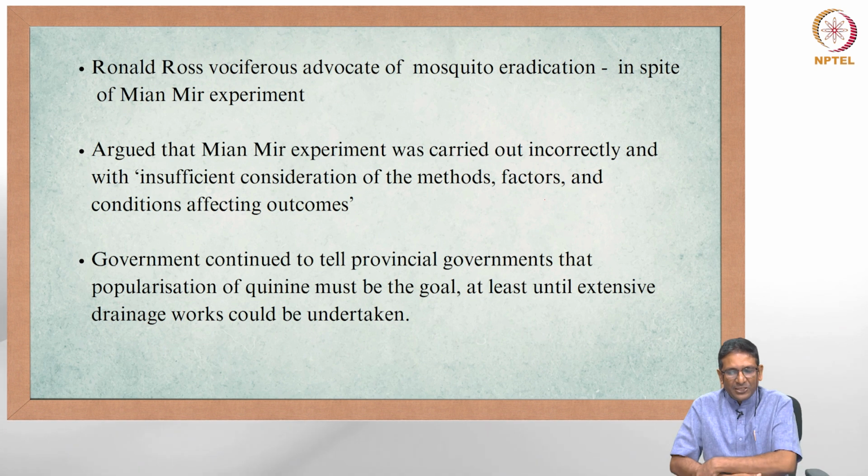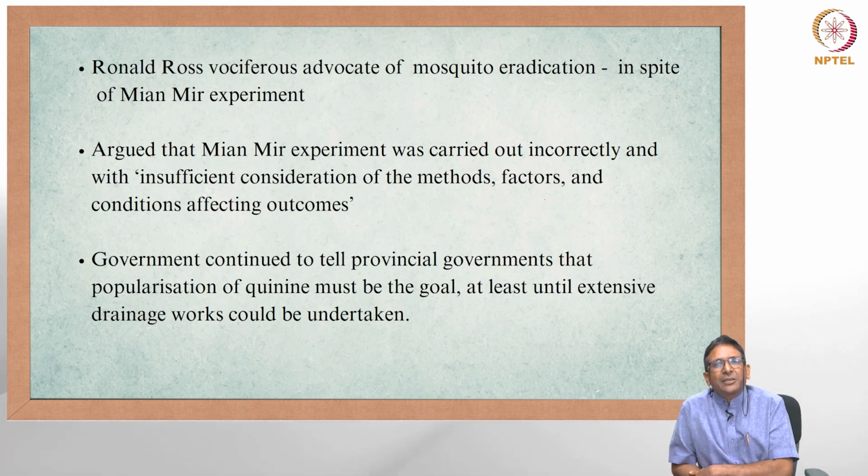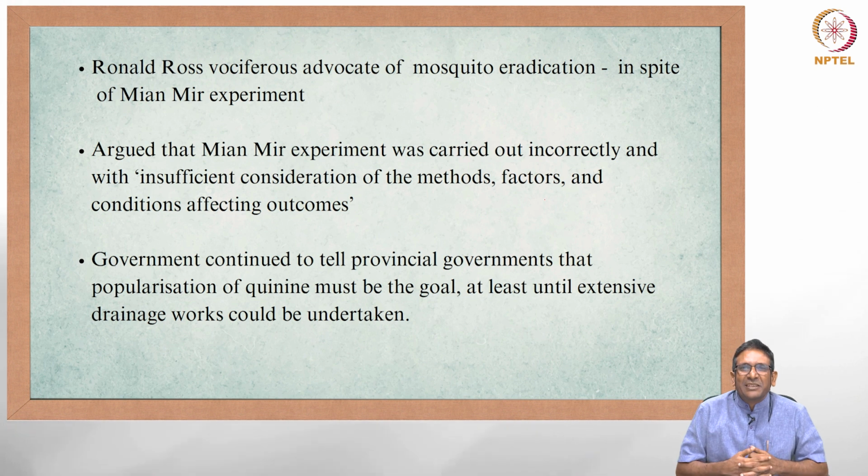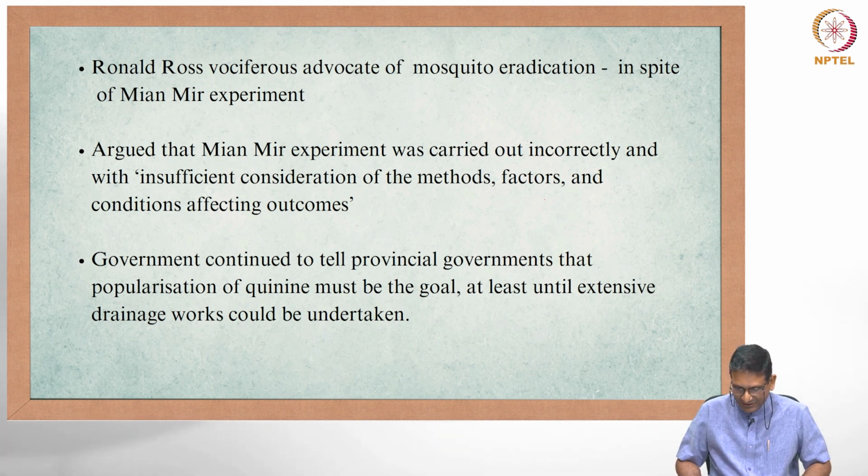So the government continued to tell the provincial governments that popularization of quinine must be the goal, until they could find the money and the resources to do the other alternative, which is improving the drainage and doing other kinds of sanitary works which would contribute to the eradication of mosquitoes.